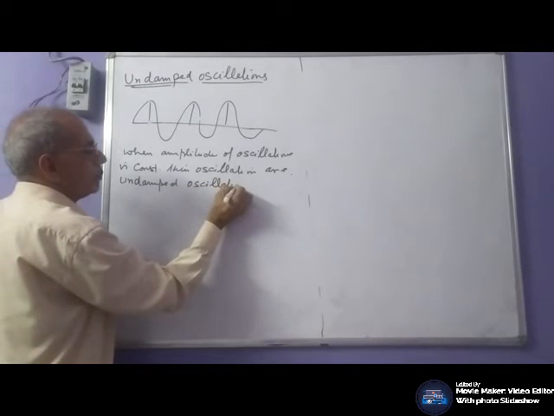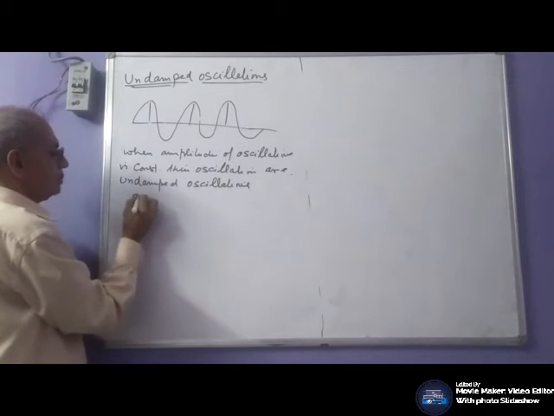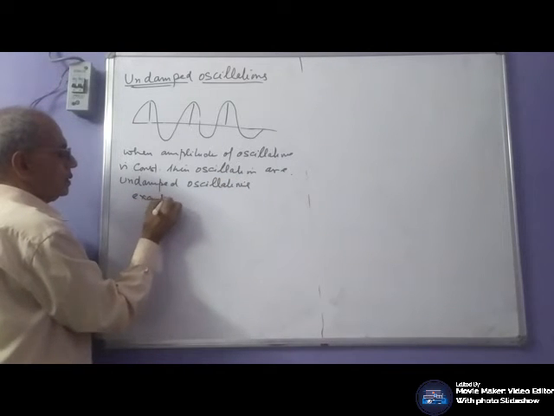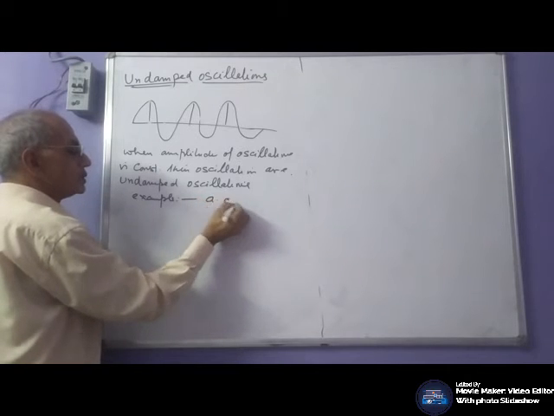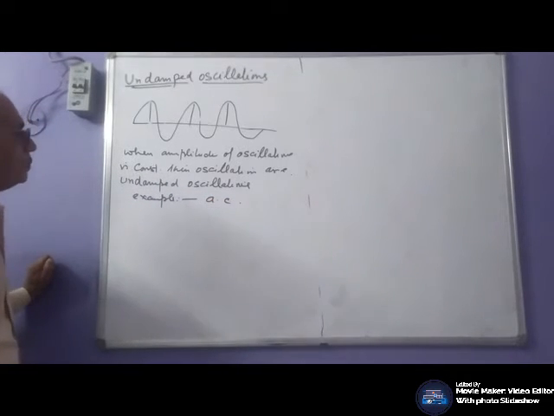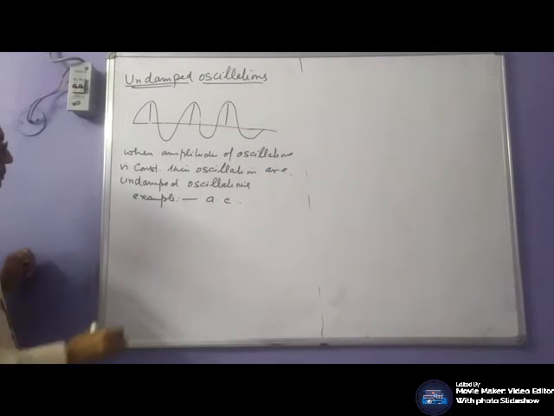Example: AC, alternating current. They are undamped oscillations.